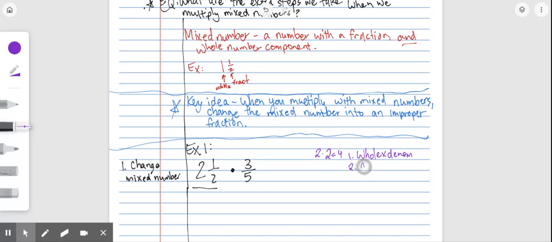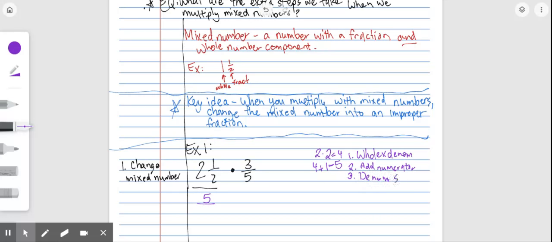Step 2 is we add the numerator, and this becomes our new numerator. So 4 plus 1, and that is 5. All of a sudden, instead of 2 and 1/2, I have 5 somethings. And step 3 is that the denominator stays the same.